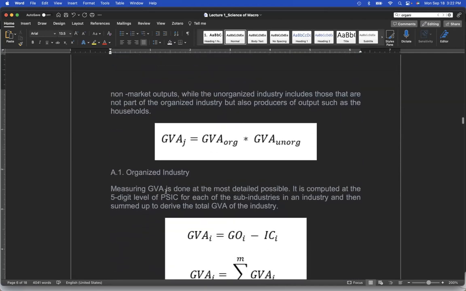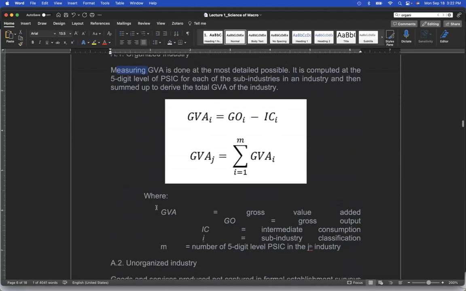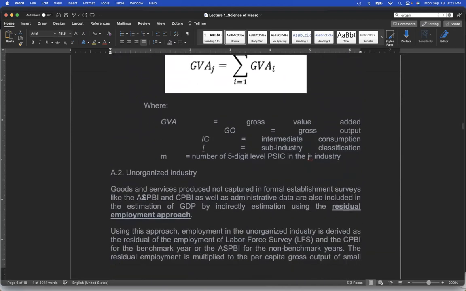So an organized industry is measured or computed at the 5-level PSIC, okay? We'll go back to these formulas later. But what's important about it is that the organized industries are basically captured in formal establishment surveys, ASPBI and CPBI, as well as other administrative data also included in the estimation of GDP.